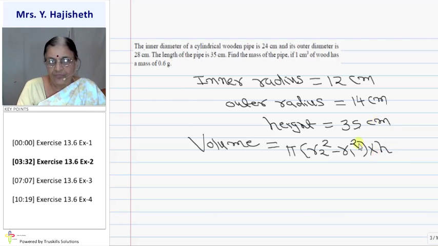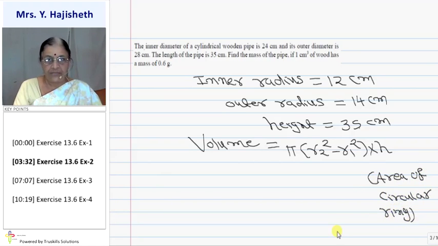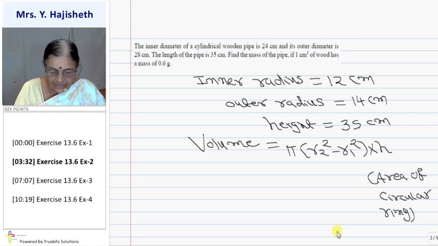Area of base means area of circular ring. It is going to form a ring. Area of circular ring is pi r2 square minus r1 square into h.